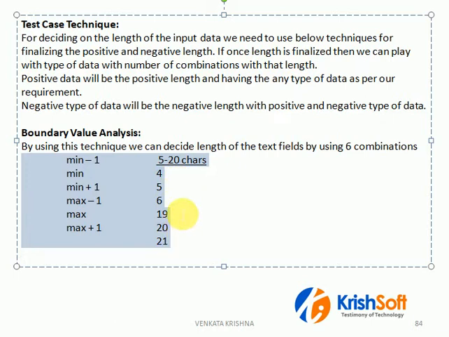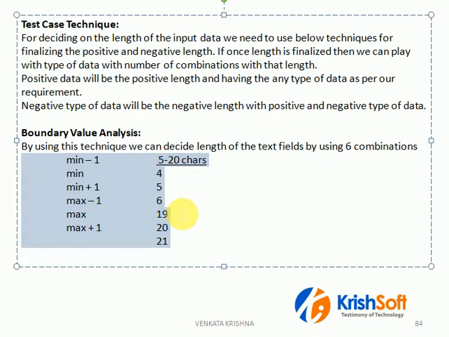So if your text field allows 1 to 1 lakh characters, tell me what the 6 test cases you need to verify are. 1 is the minimum, 1 lakh is the maximum. Minimum -1 is 0, minimum is 1, minimum +1 is 2, maximum -1 is 99,999, maximum is 1 lakh, maximum +1 is 1 lakh +1.